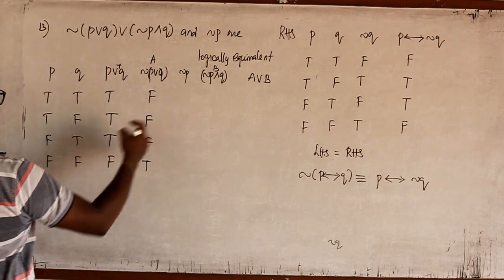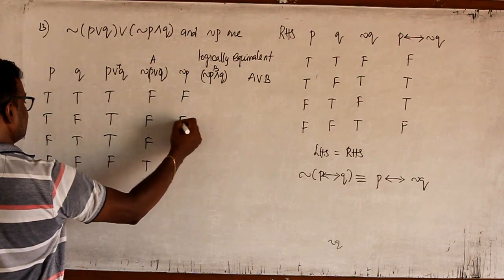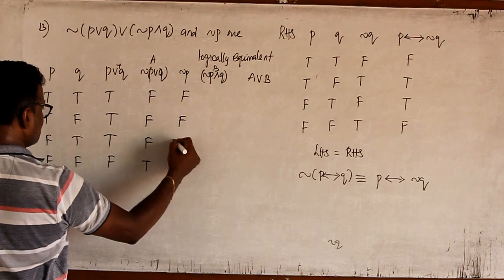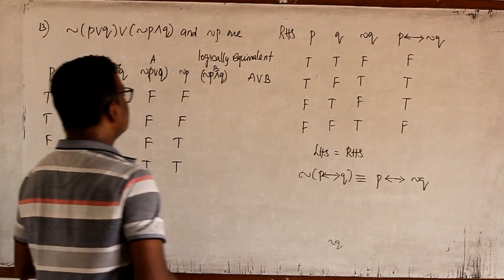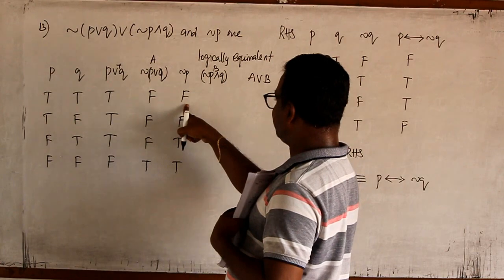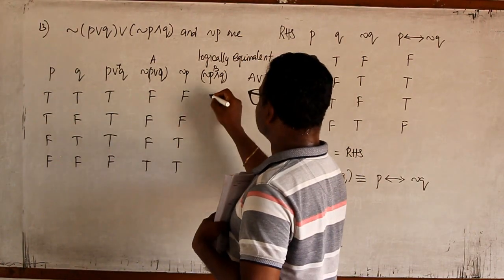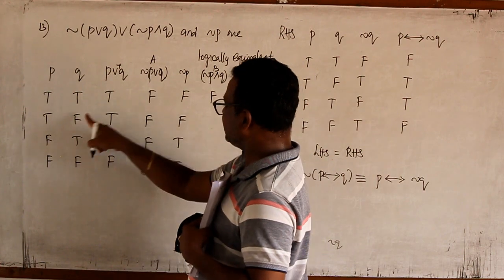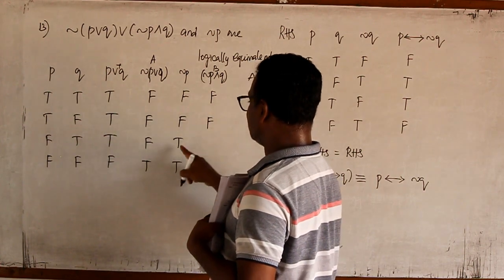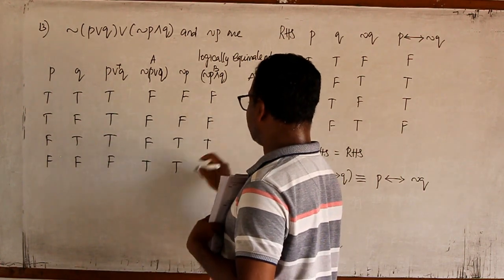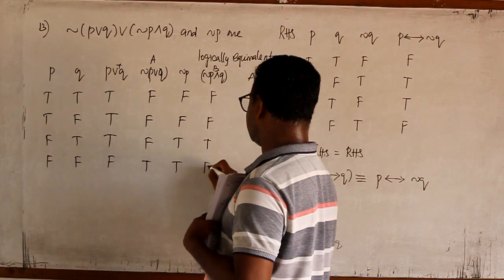Now negation of P: false, false, true, true. Now for negation of P and Q, I must multiply these two. 0 into 1, 0. 0 into 0, 0. 1 into 1, 1. 1 into 0, 0.